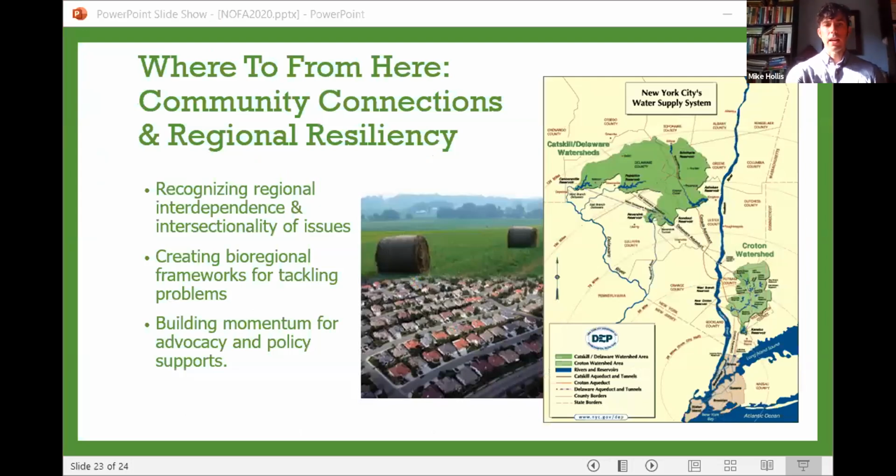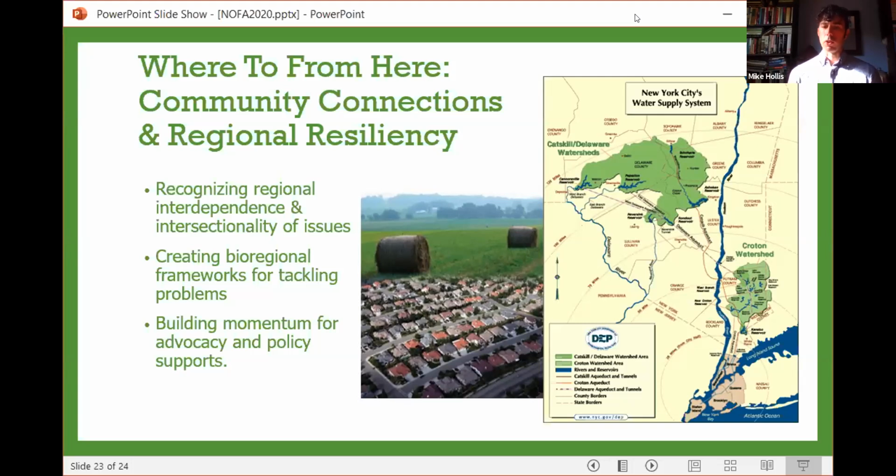So on a final note, and before I open it up to more general discussion, where to from here? We started off taking a look at one of the goals being these community connections, the connection between the urban areas and rural areas, and recognizing our existence not as independent entities with individual goals, but as a bioregion, and any of our efforts towards sustainability and a regenerative community model really requiring regional resiliency.